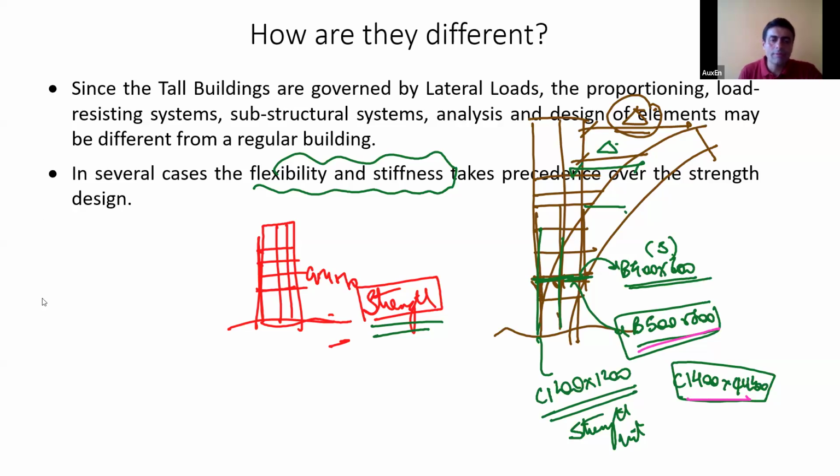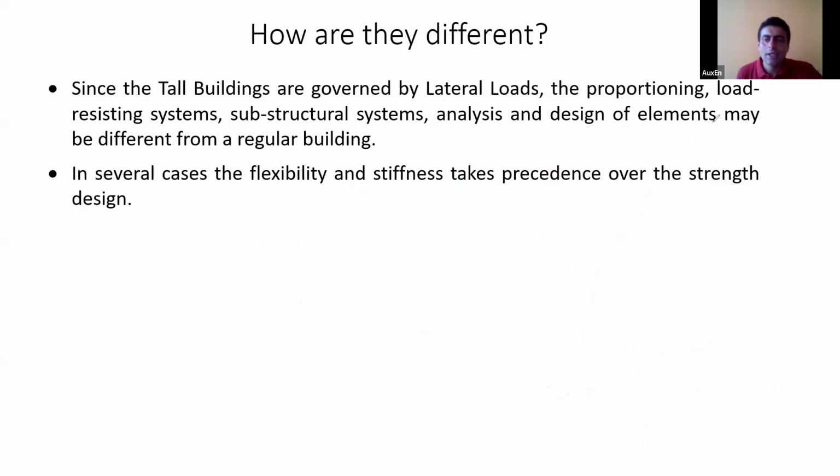So in tall buildings, we may have to think that our structure must be provided with adequate flexibility, stiffness, etc. Is that clear? In this manner, a tall building design may be different from a regular building design. Is this making sense? Quick yes, no? Very good.